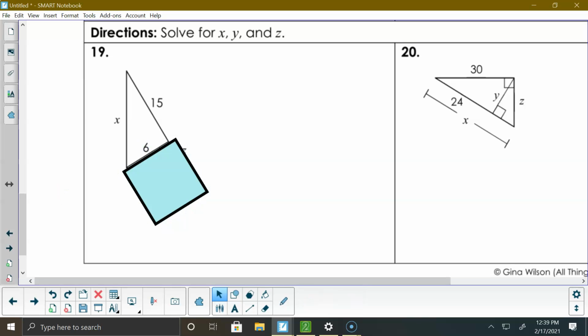That's always where you're starting. So that top large triangle is the one with the most information. Can I just use Pythagorean theorem on that bad boy? So remember, that's still a thing. Alright, so x squared equals 6 squared plus 15 squared.